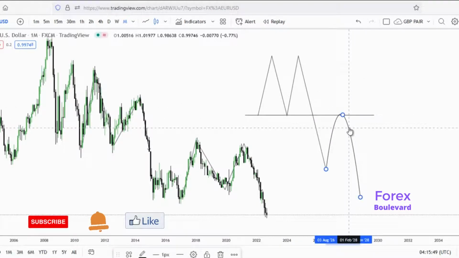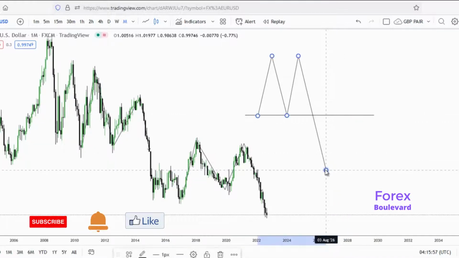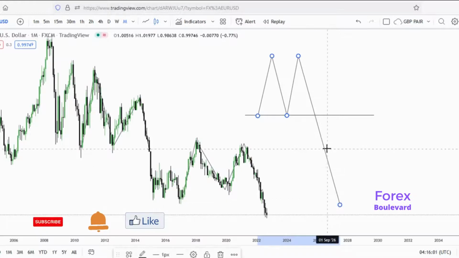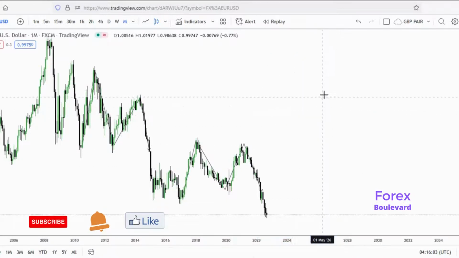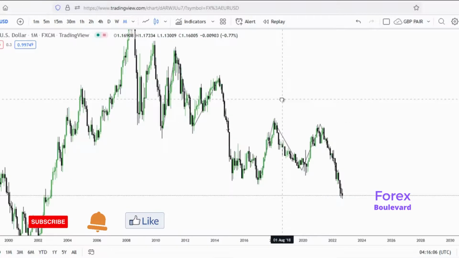So now let's go back to our charts. One thing you need to understand is that price doesn't always do this, it doesn't always return back to the neckline. Price can decide to do this at times. After a break, it just keeps going down. Like what I'm going to illustrate on this chart now.